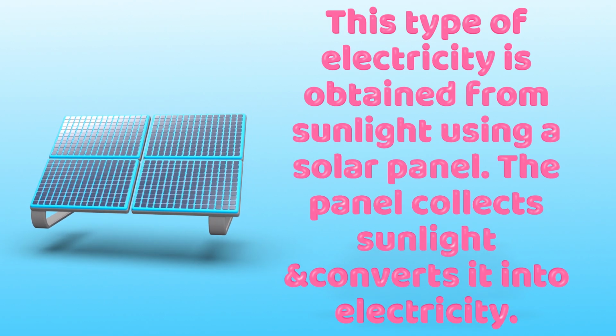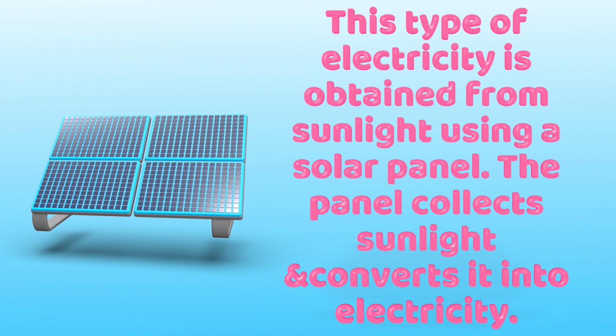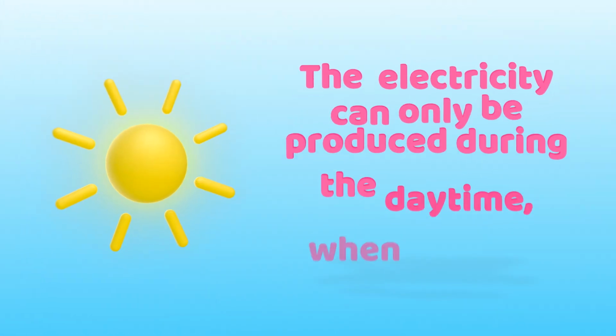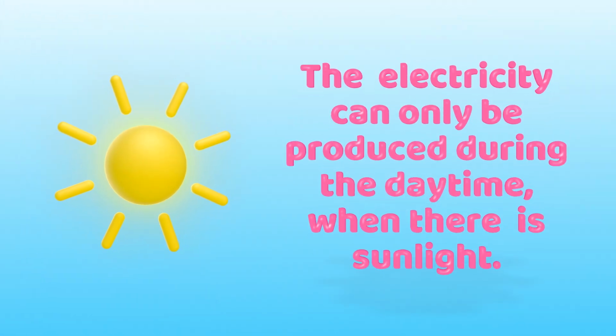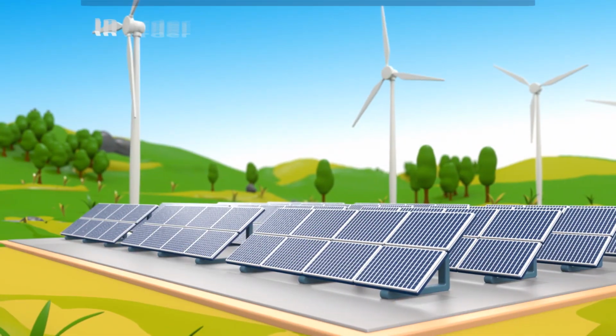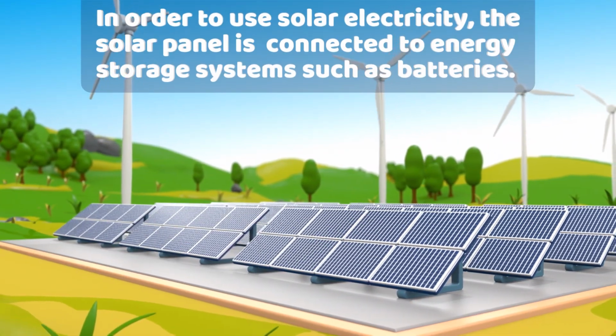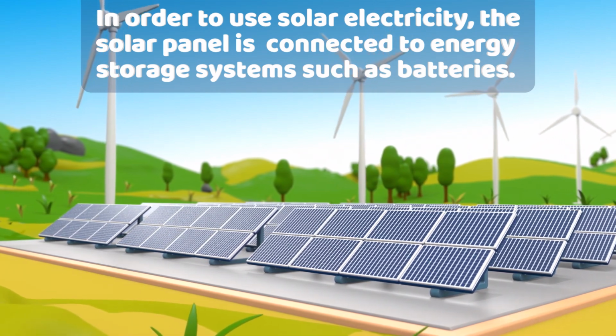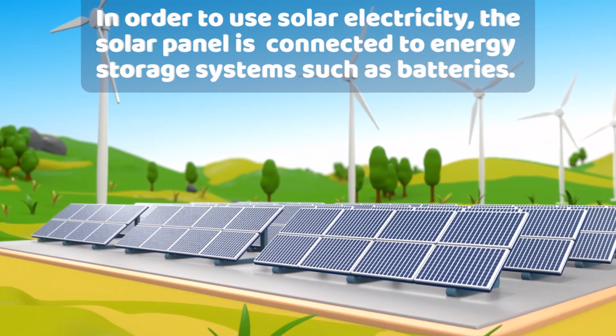The panel collects the sunlight and converts it into electricity. This kind of electricity can only be produced during the daytime when there is sunlight. In order to use solar electricity, the solar panels are connected to energy storage systems such as batteries.